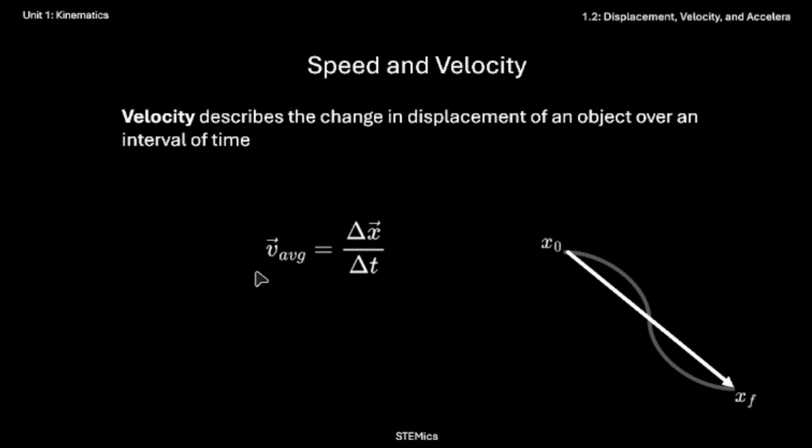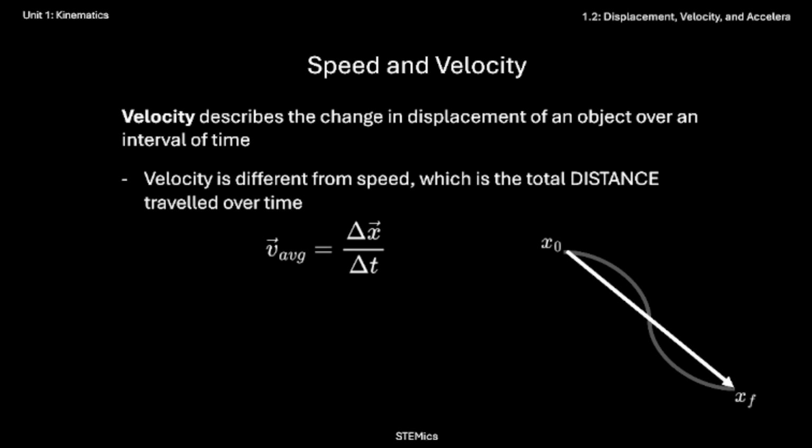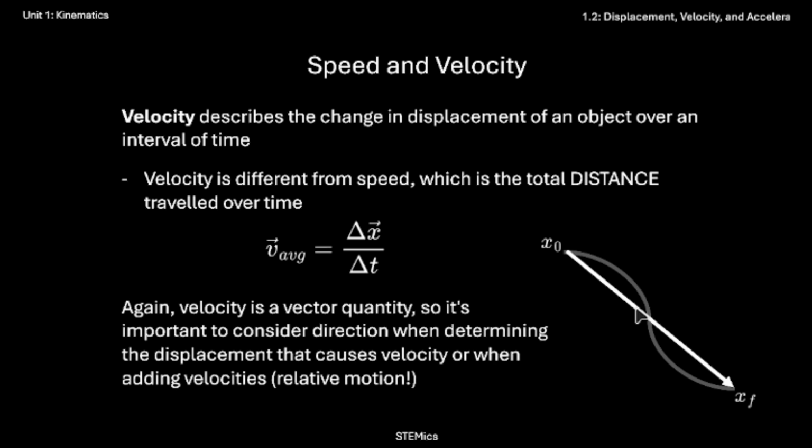But in quantitative terms, so equations, you will never have instantaneous velocity discussed. Velocity is different from speed, which is the total distance, the total path traveled over this interval, right? And again, velocity is a vector quantity, so it's important to consider direction when determining the displacement that causes velocity or when adding velocity. This is going to become relevant when you have relative motion. You'll see it in a little bit.